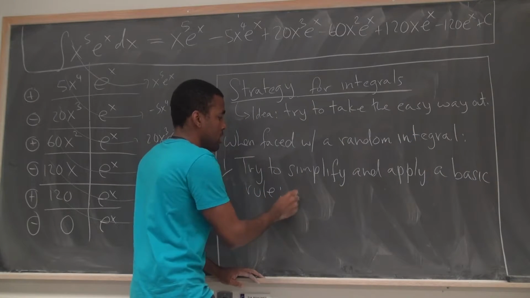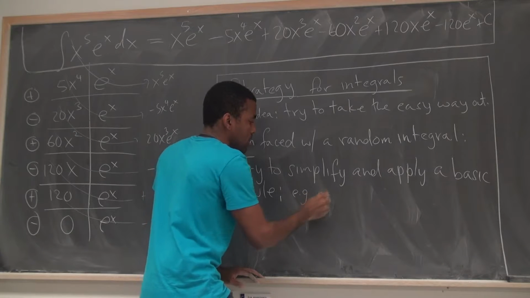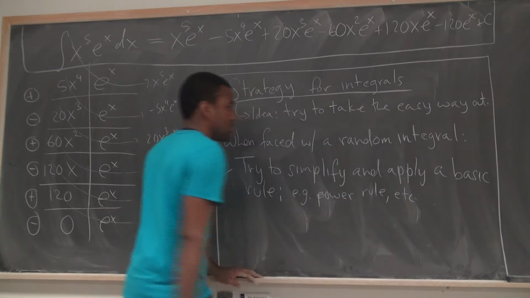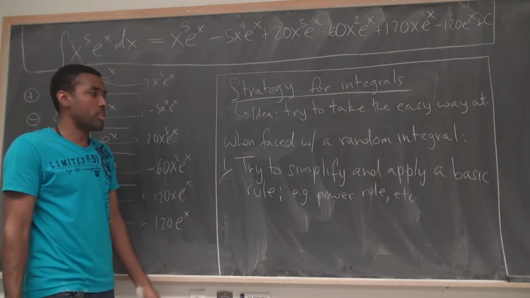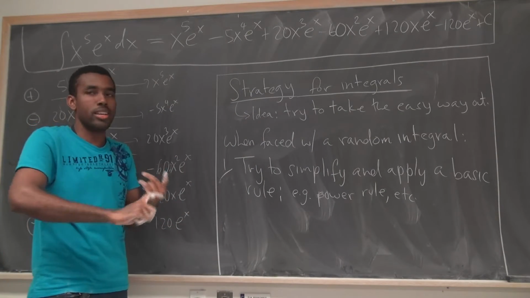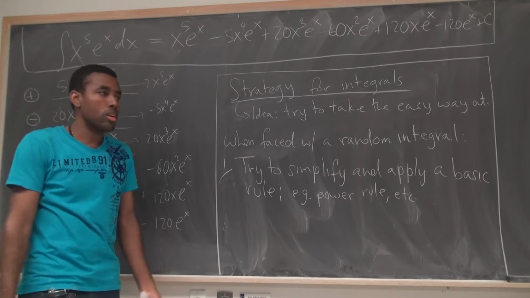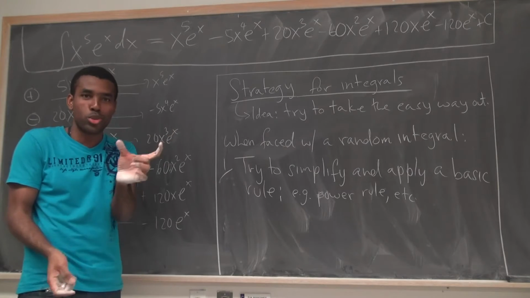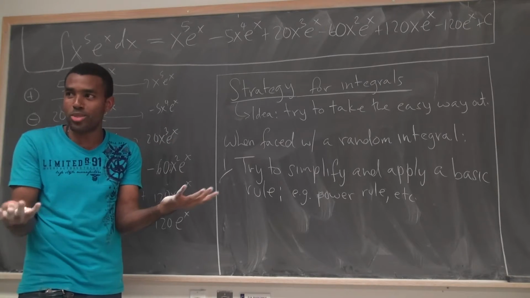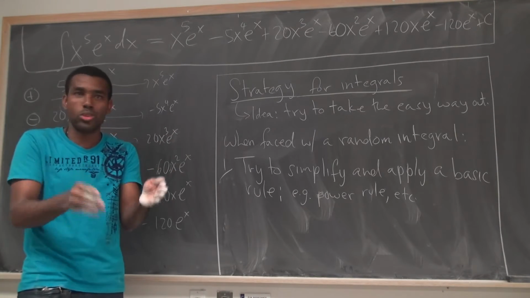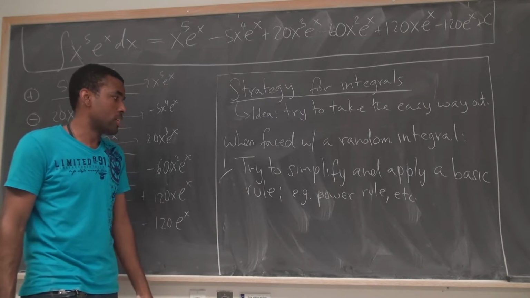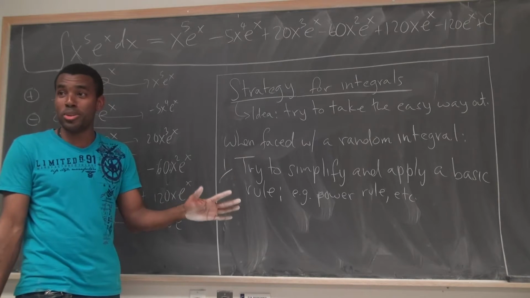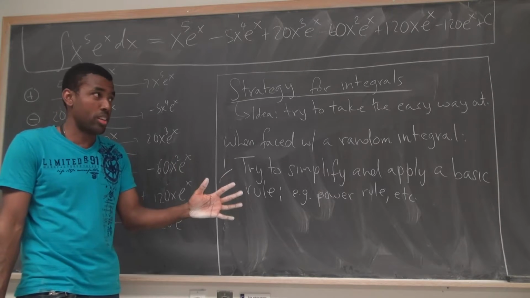By basic rule, I mean things like the power rule, etc. You always try to get the easiest one out of the way. The basic rules are like the integral of x to the n is x to the n plus 1 over n plus 1, or the integral of sine is minus cosine, and things like that. Those basic rules where there's nothing to simplify, nothing to really do. It's just something you just know as a rule. That's what I call basic rules. So when faced with a random integral, the first thing you gotta do: can I simplify and get away with the basic rule? That's the first thing you want to think about.